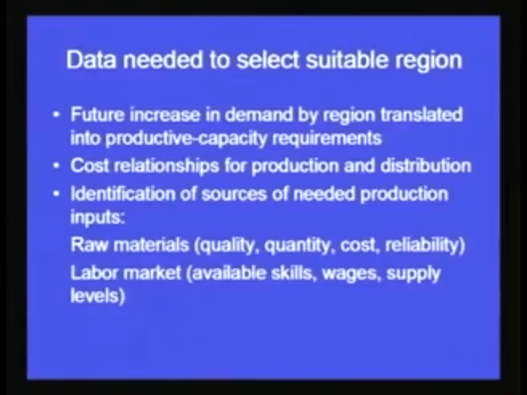Future increase in demand by region translated into productive capacity requirements. So future increase in demand means that we have to have sales forecast data, that this is going to be the sales forecast for another 5 years, for another 10 years. And then we have to see what the productive capacity requirements are. How much we need to produce, how much is the requirement in the market, what is the demand in the market.